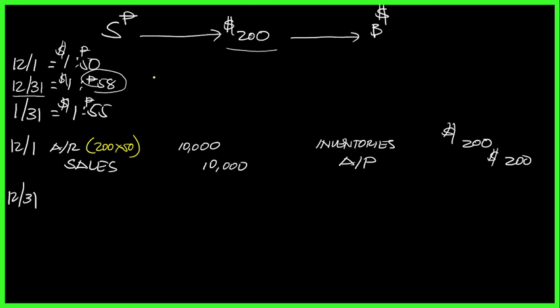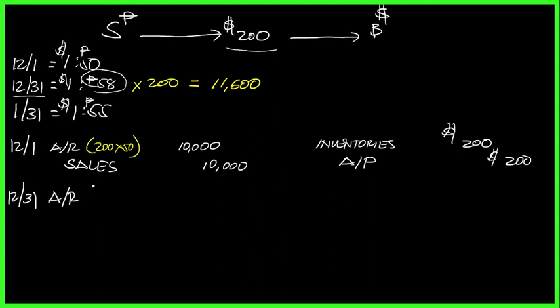That will be 200 times 58, which is 11,600. This means the value of accounts receivable increased from 10,000 to 11,600. So if you're going to receive that, the value of your AR now should be 11,600.